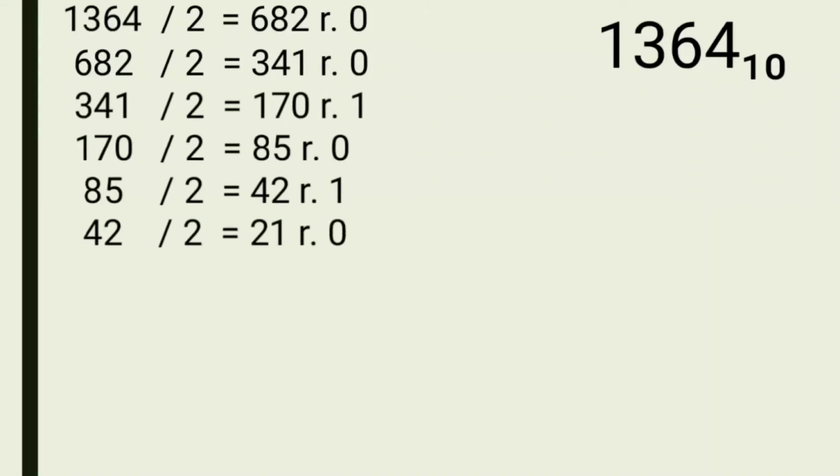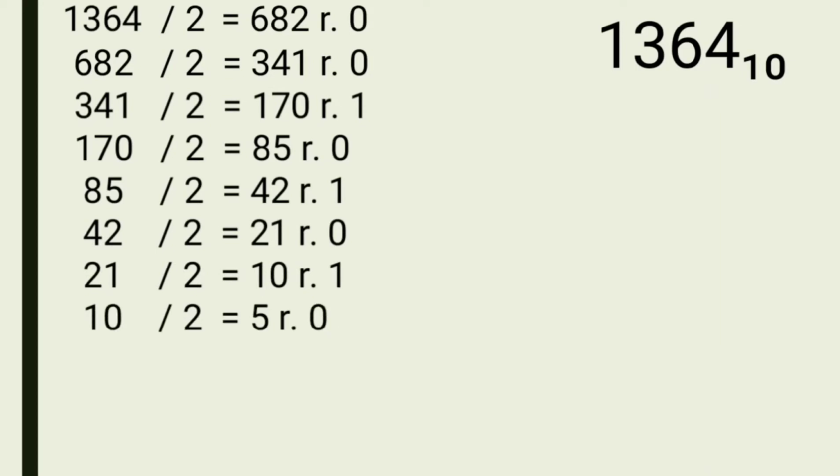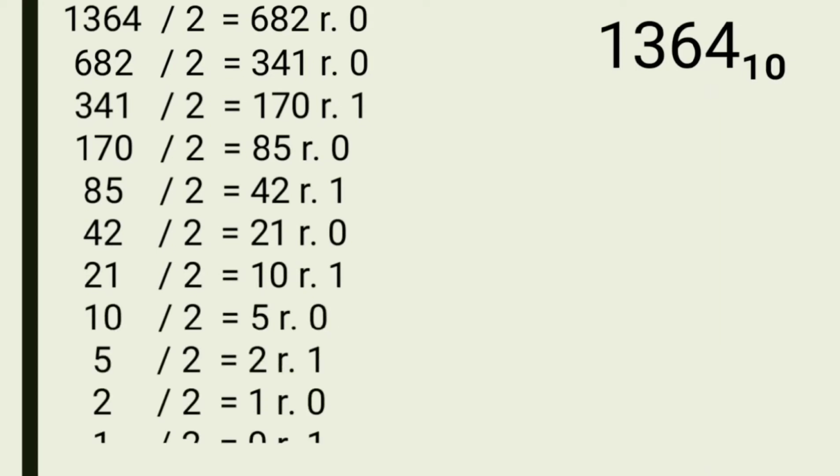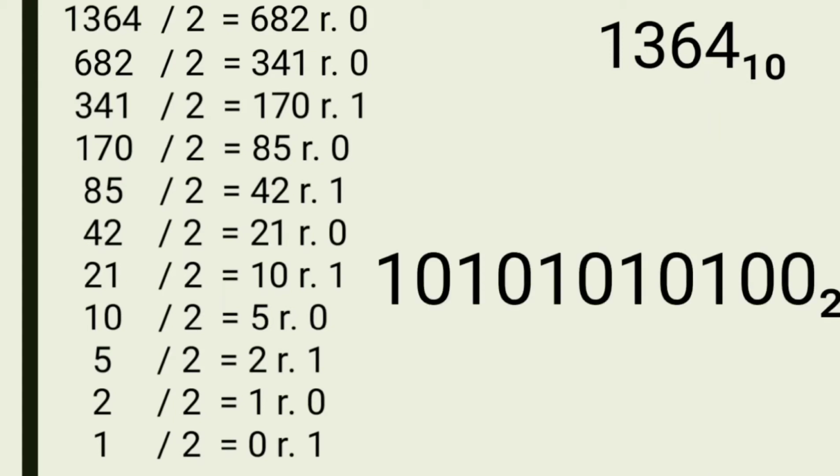Continue dividing the quotient to the divisor until the quotient reaches 0. Get the answer by writing the remainder left to right by reading it upwards and write the base number of binary, which is 2. 1364 base 10 is 10101010100 base 2 on binary number system.